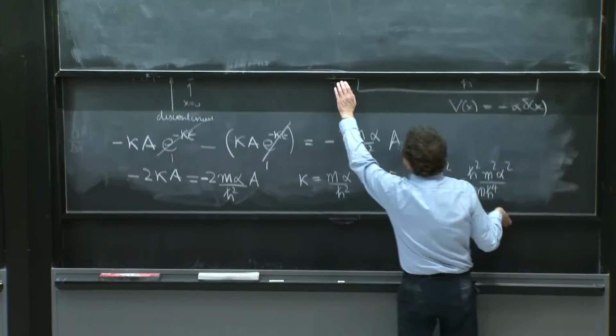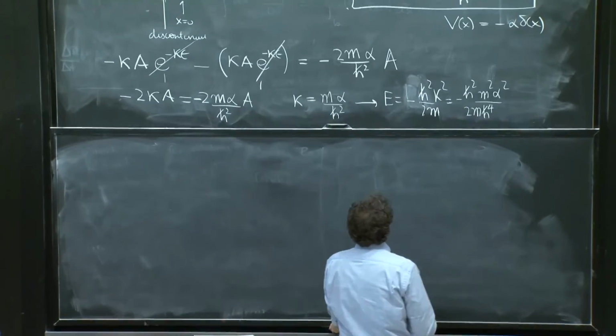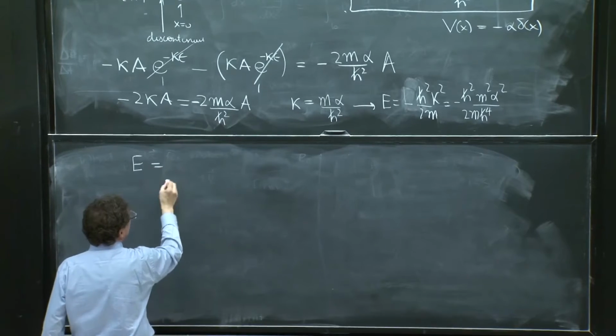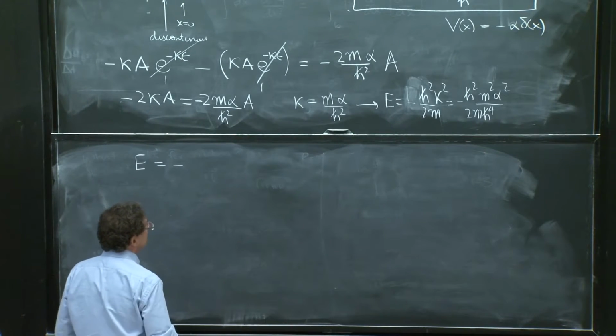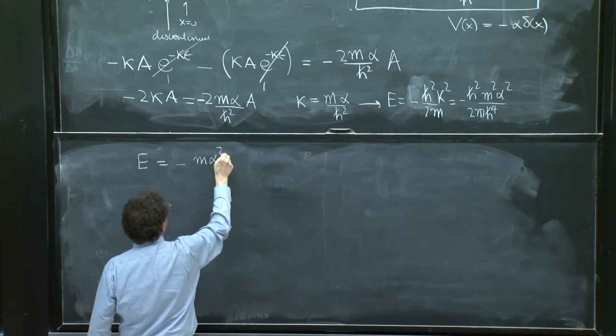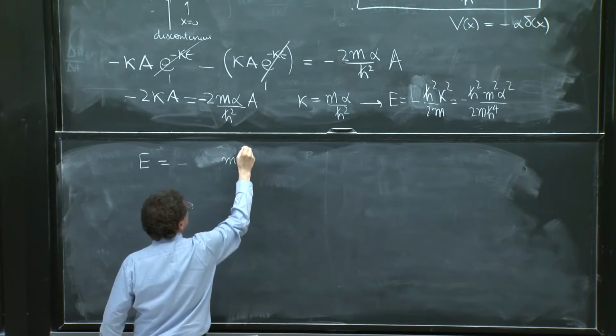So the final answer, the bound state energy, is minus m alpha squared over h squared, times 1/2.